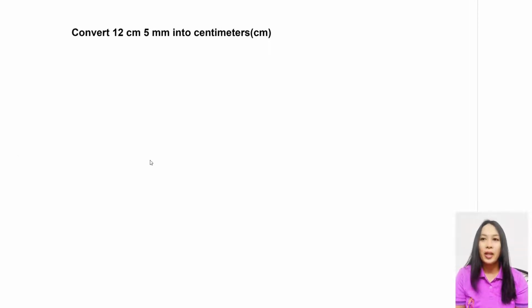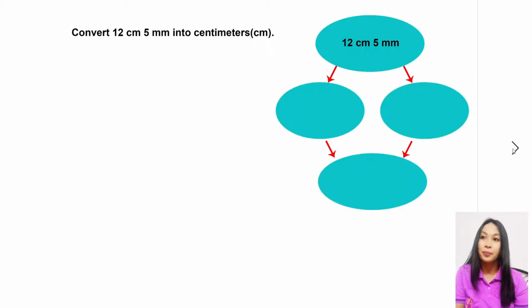On your screen, you can see that we are asked to convert 12 centimeters and 5 millimeters into centimeters. In order to convert that, let us first look at the units of measurement. So, we have 12 in centimeters and 5 in millimeters. We are asked to convert it into centimeters.